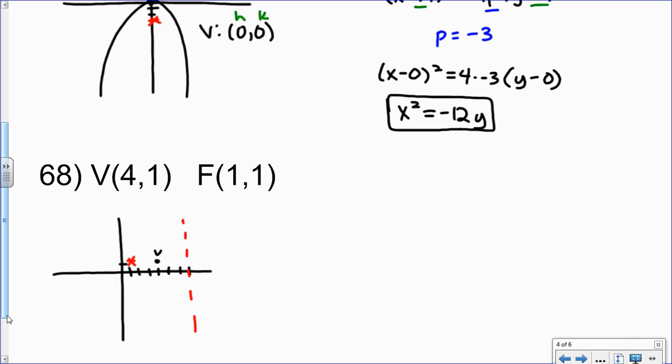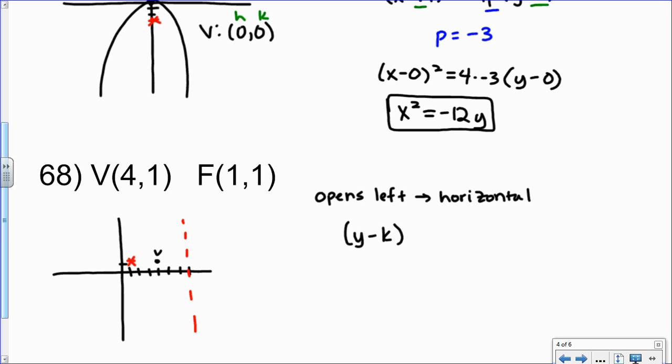To the left. So it's horizontal. Okay, so horizontal, that means it's y squared.